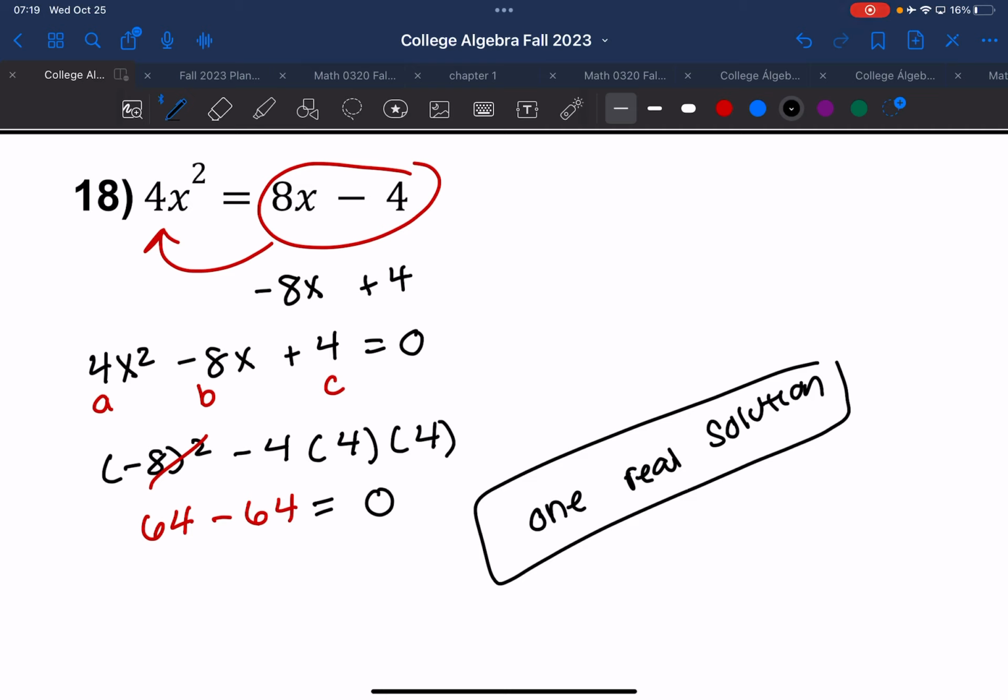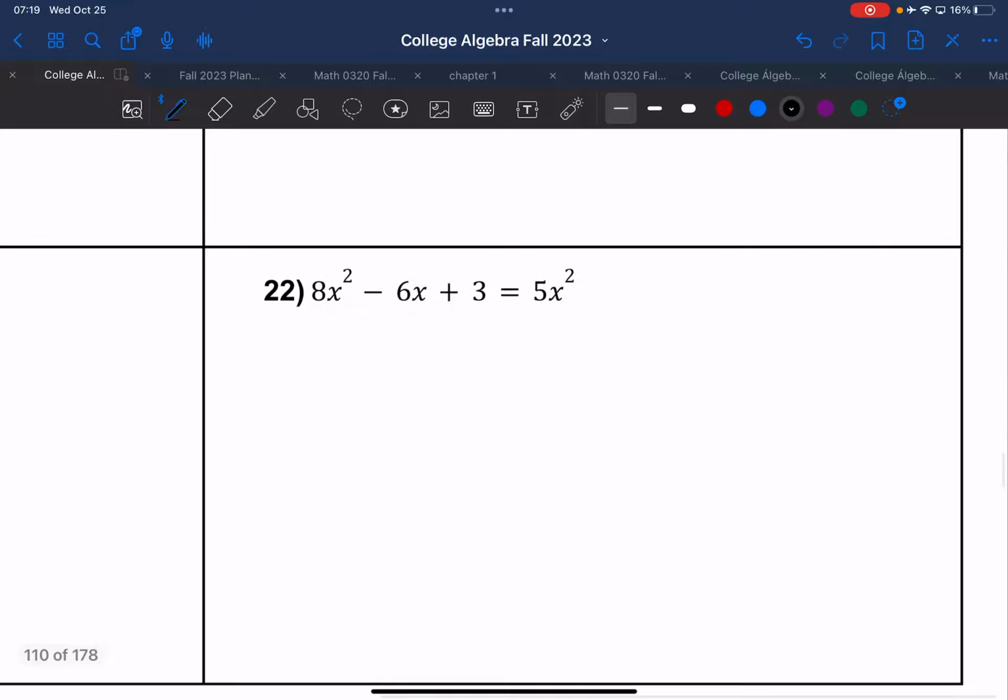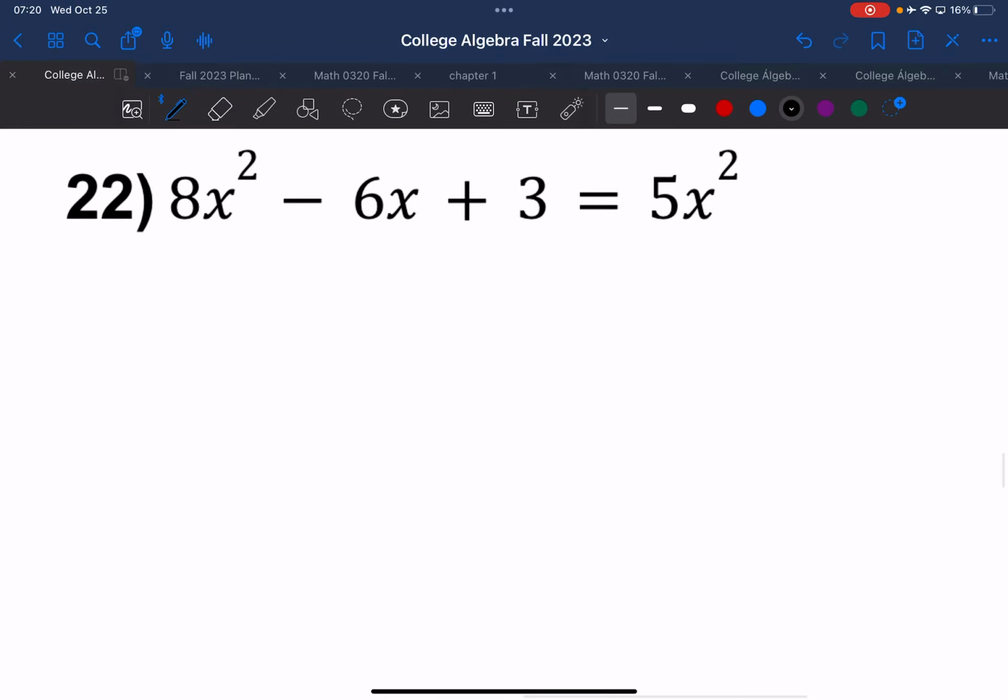Okay. Let's look at the last one here, number 22. Okay, on number 22, is this in standard form?